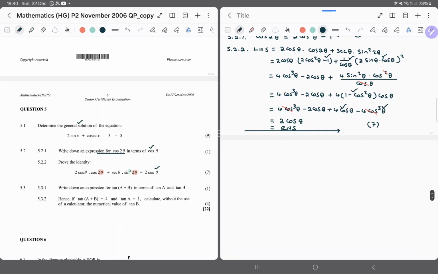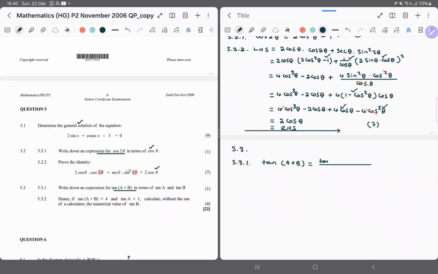Okay, let's get to 5.3. Now 5.3, we have 5.3.1. We are told to write down the expression for tan compound angle A plus B. Okay, that's not a problem. We know that tan of A plus B, we proved it in the previous video, so now we just transcribe it.